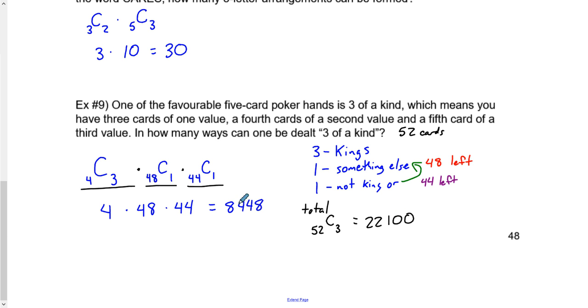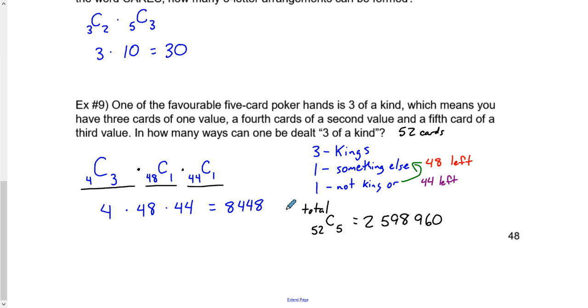Which, in the grand scheme of things, a 3 of a kind, sorry, no, 5C3, sorry, I need 52C5, sorry. What am I doing? Rather than a 3-card hand, there'd be 2,598,960.